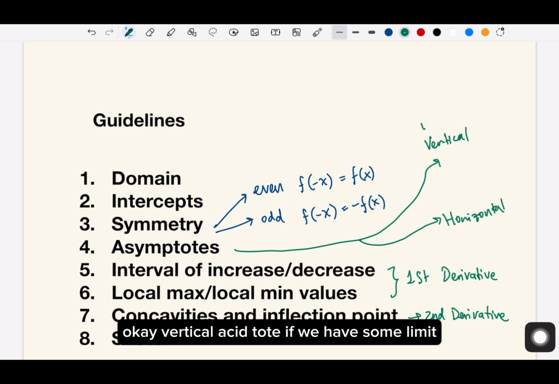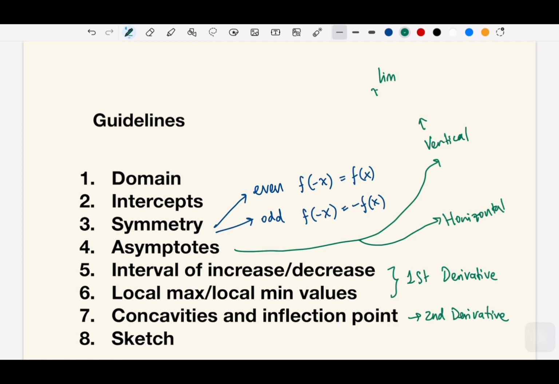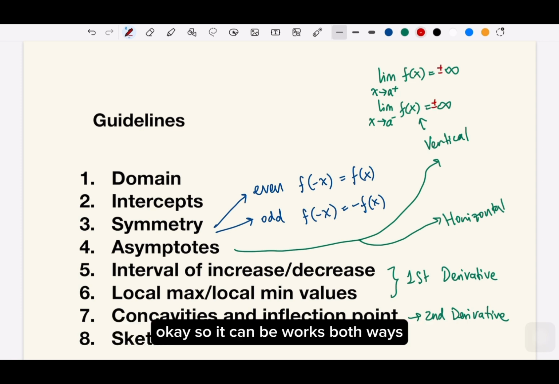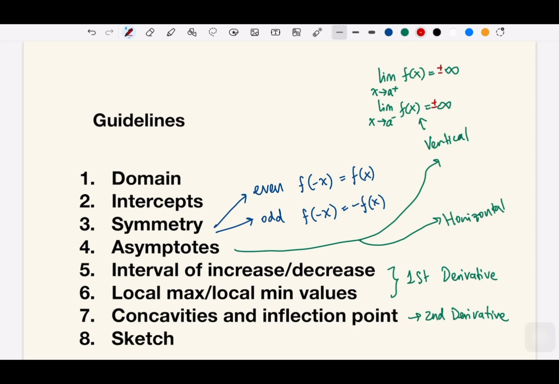Okay, vertical asymptote, if we have some limit, I will write the infinity with terms positive, negative. So it can work both ways. We say it's still the same.